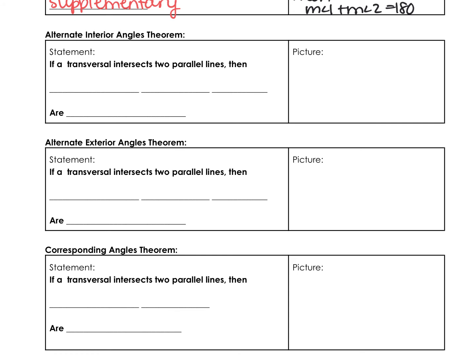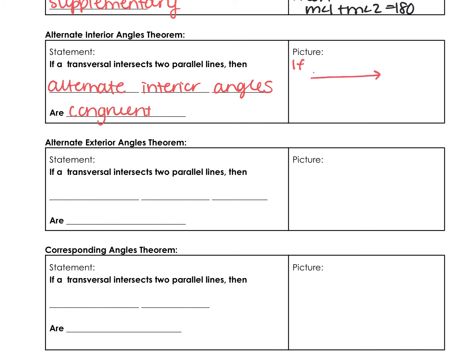Alternate interior angles theorem. So if you've got a transversal cutting parallel lines, then alternate interior angles are congruent.